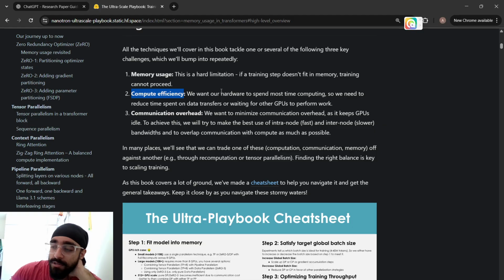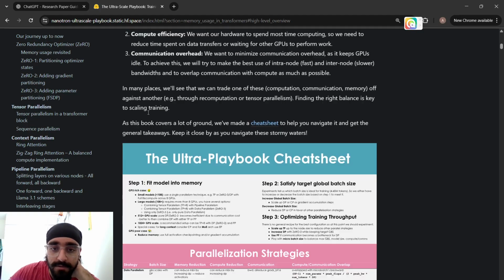And also we want the GPU to spend most of the time doing computation rather than waiting for some data or doing some memory transfer. So waiting for data could be from the CPU or also from some other GPU. Communication overhead is if we have multiple GPUs communicating with each other. For example, GPU 1 is waiting for GPU 2 to give it data. So that is an overhead of communication.